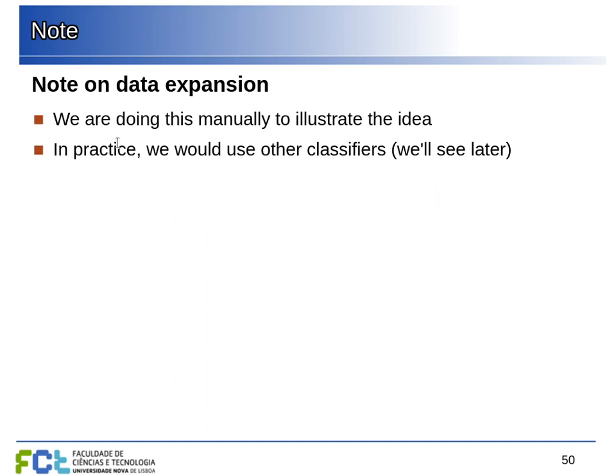I just wanted you to know that we are doing this expansion manually now because we are focusing on the ideas, on the principles, and this can help you understand these principles. In practice, if you want to do a nonlinear classification, you're generally not going to do this by hand on your features. You just use another classifier that does this more efficiently, and you don't have to bother doing this yourself.